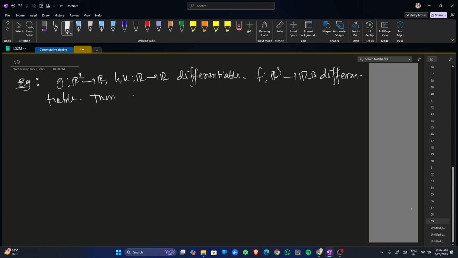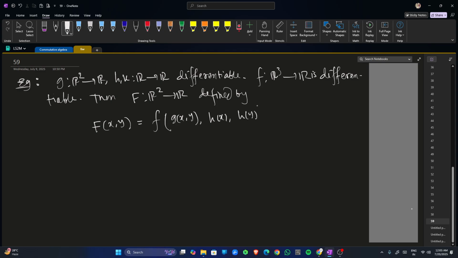Then capital F from R2 to R defined by F(x,y) equal to f of g(x,y), h(x,y), k(x,y).